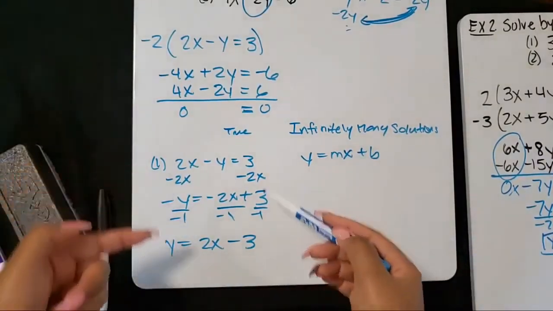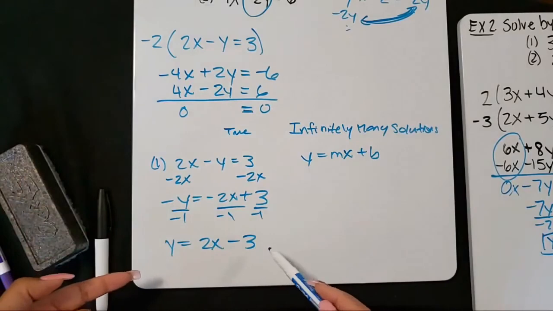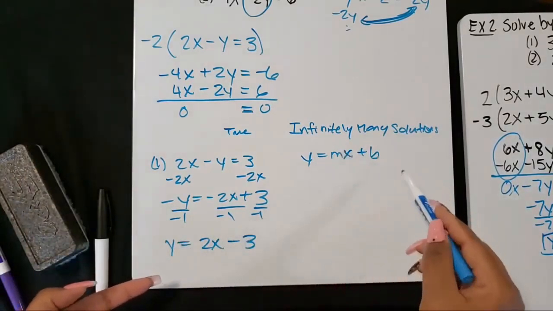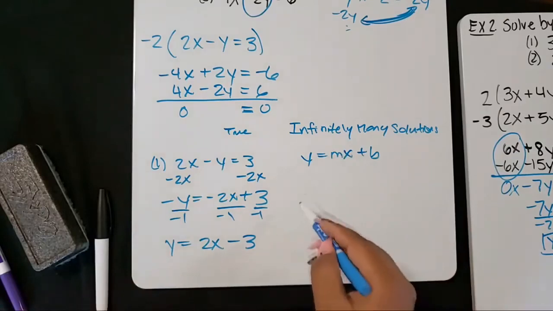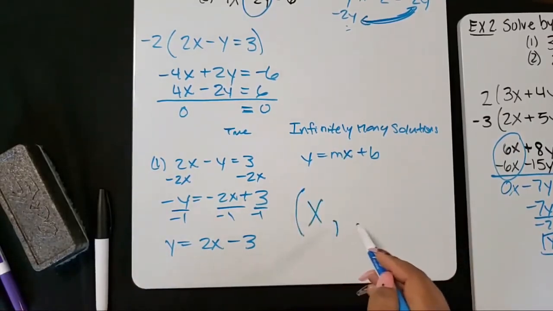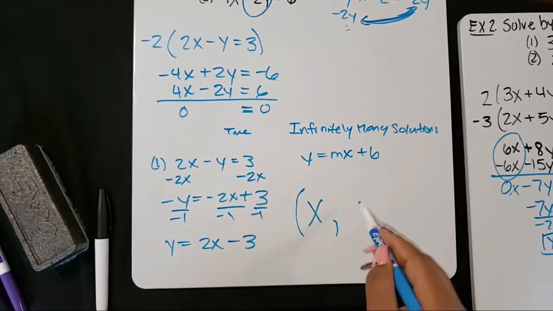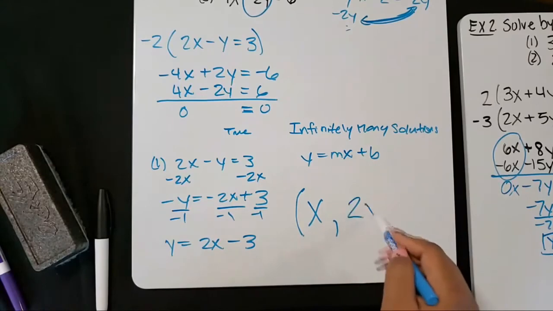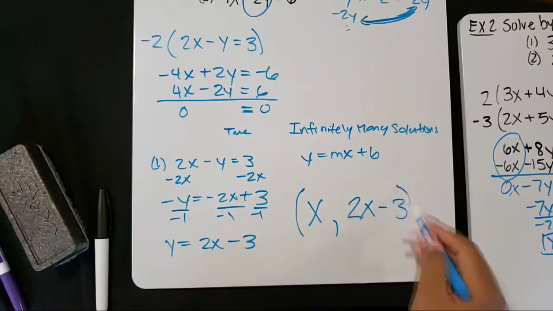So after you take one of the equations and put it into slope-intercept form, which is y equals mx plus b, for your ordered pair, the first term is x, and the second term is 2x minus 3.